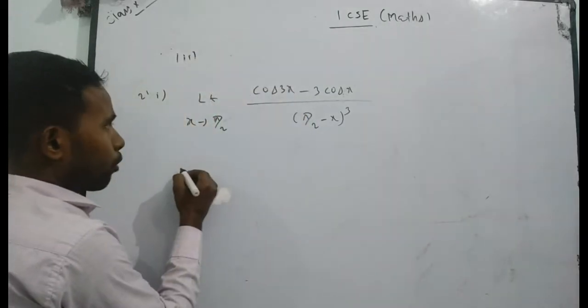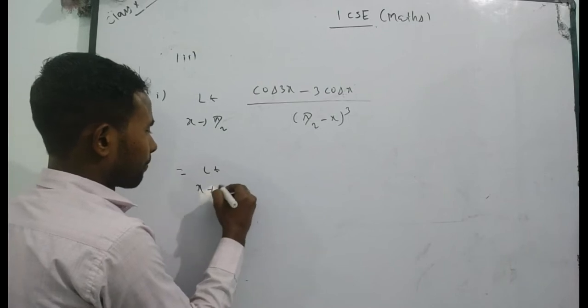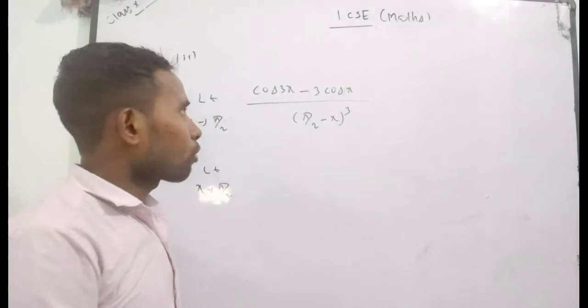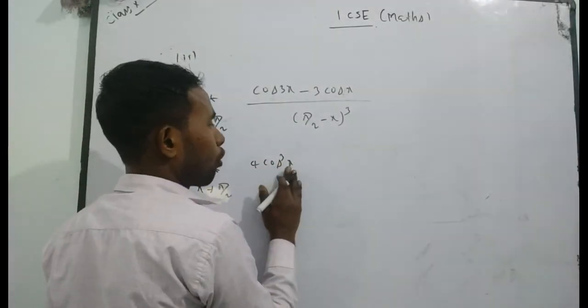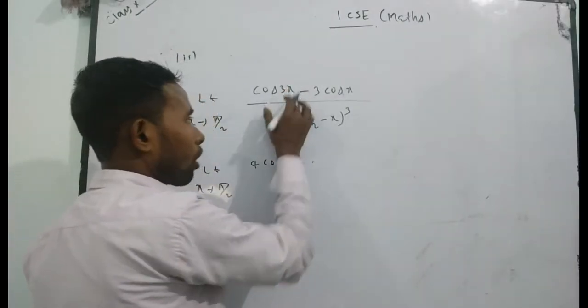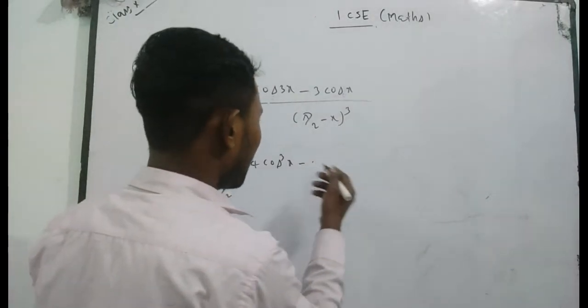How can you solve this problem? Firstly, I suggest you simplify. What is the formula of cos 3x? What is the formula of cos 3 theta? cos 3 theta is equal to 4 cos cube x minus 3 cos x.